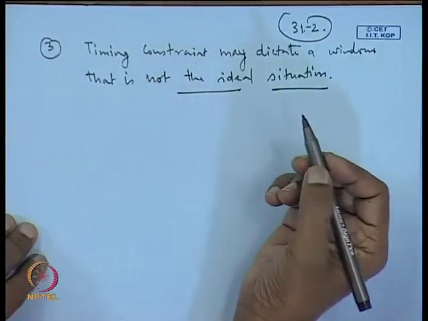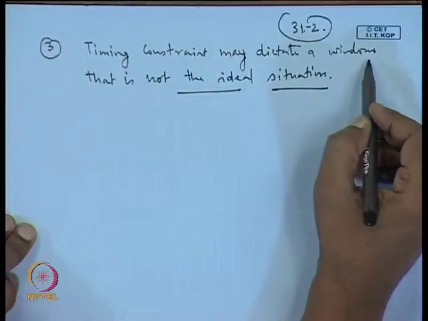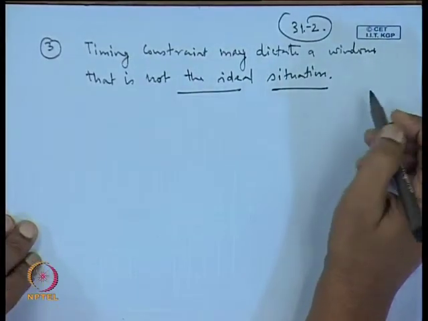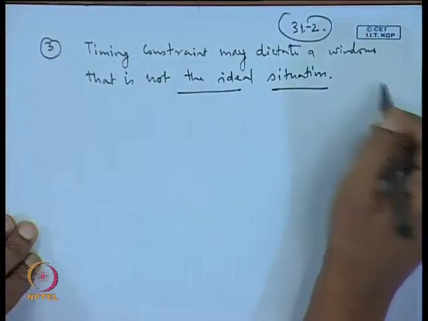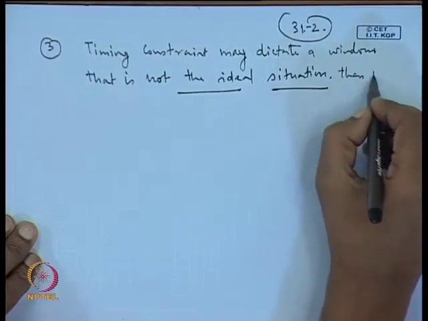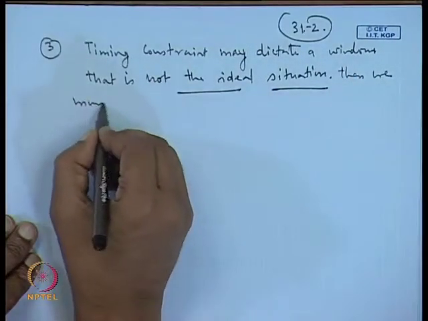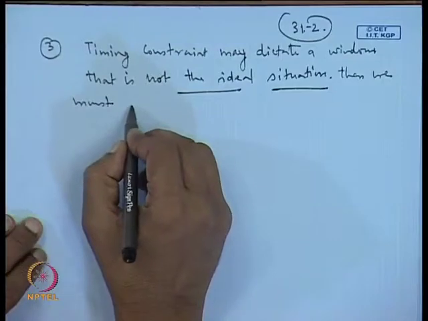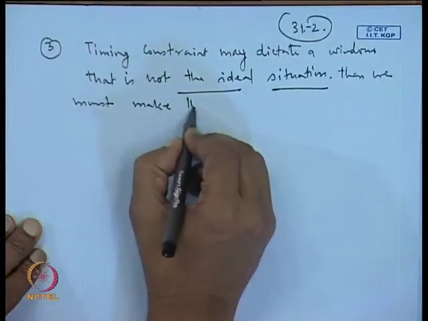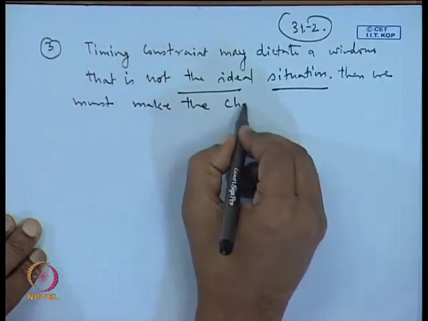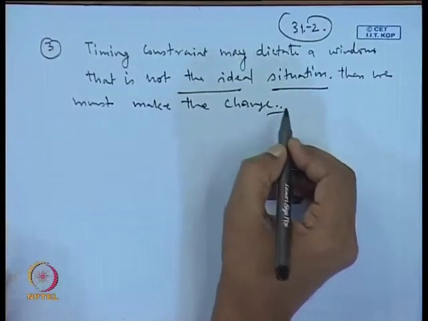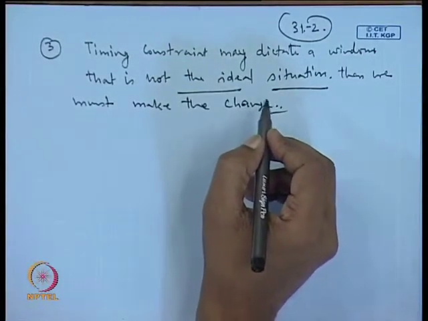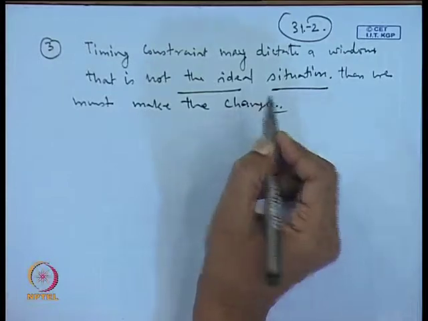So, a timing constraint may force you to launch along a certain direction, and that may not be the desired situation, then you must make the change. For this reason we have to change the orientation of the orbit.